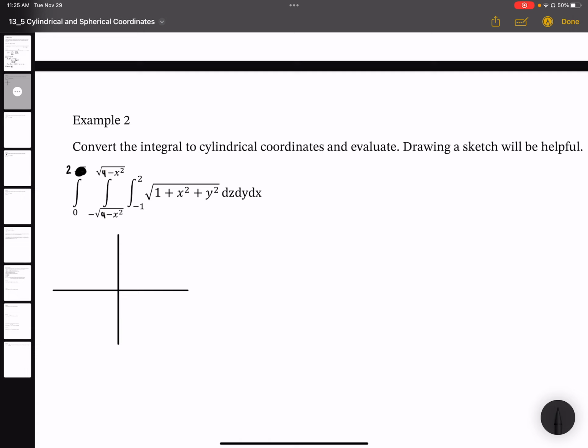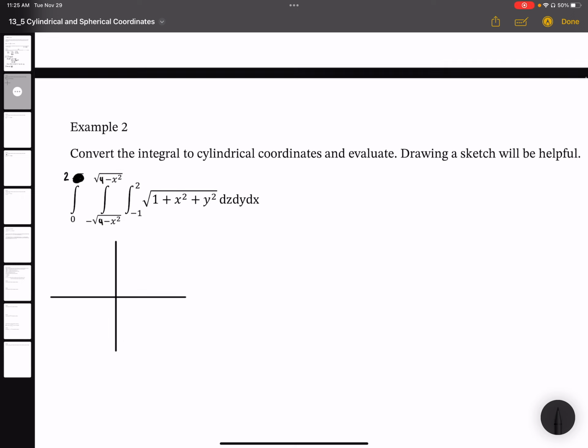But the x and y are going to dictate the region that we're integrating over. So the square root of 4 minus x squared is the upper part of a circle, the upper circle of radius 2. And the negative square root of 4 minus x squared is the lower part of a circle. So what we have is a circle of radius 2 in every direction.